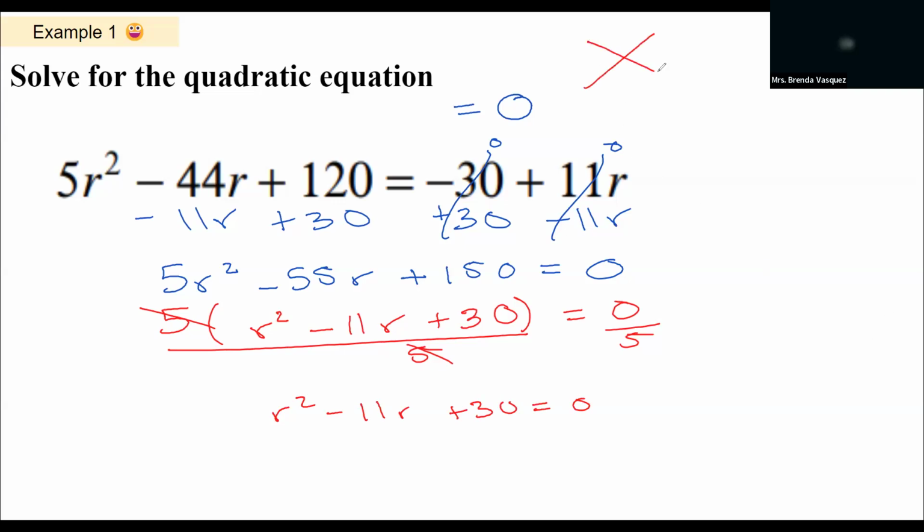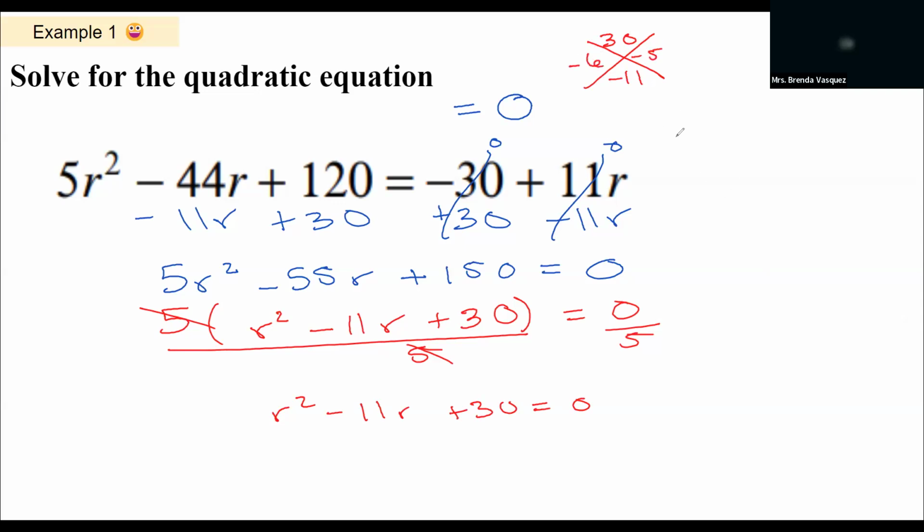Two numbers that multiply to 30 and add up to -11. We have -6 and -5.